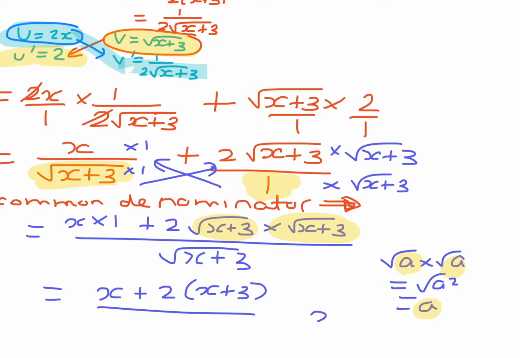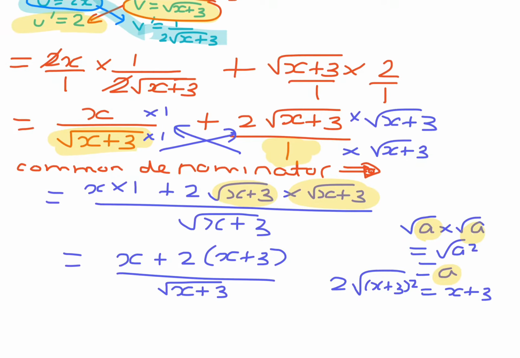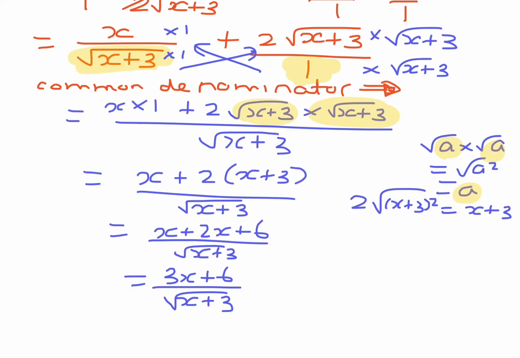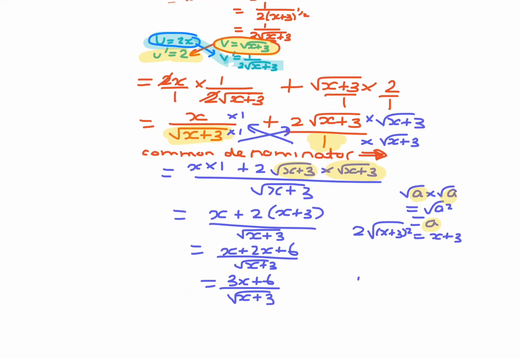Because basically it is 2 root x plus 3 squared, and the square root of x plus 3 squared is x plus 3. And on the bottom, it'll just be root x plus 3. So it'll be x plus 2x plus 6 over root x plus 3. And that would be 3x plus 6 over root x plus 3 as your answer.